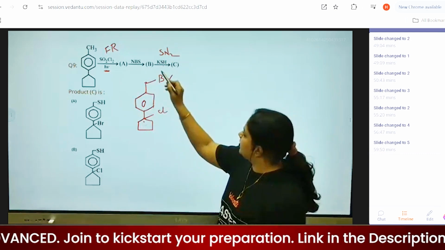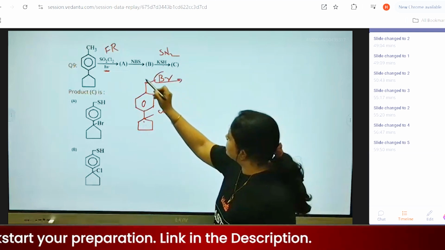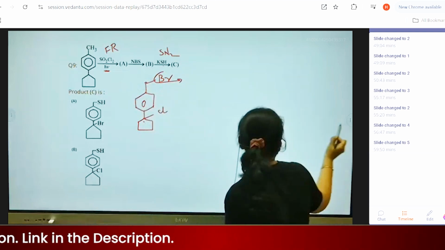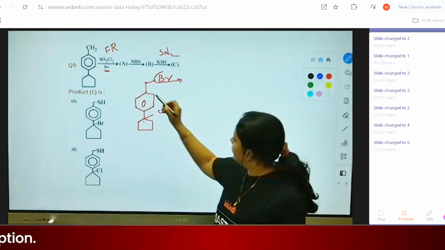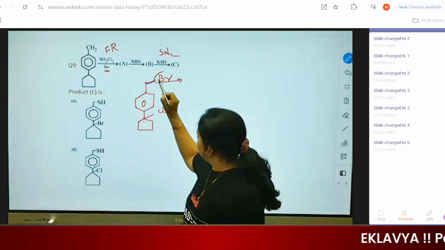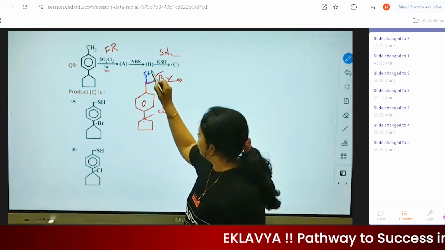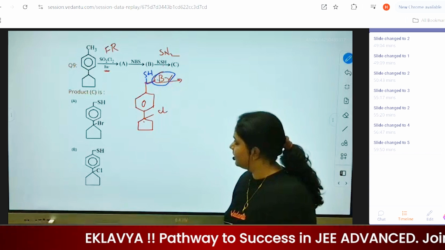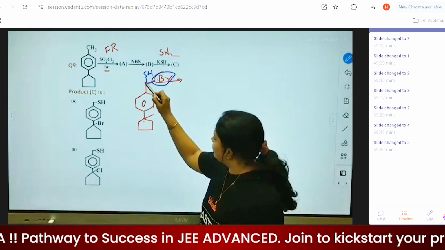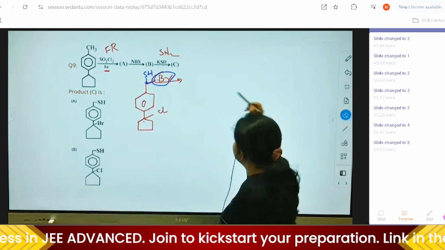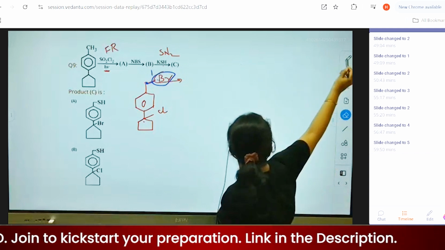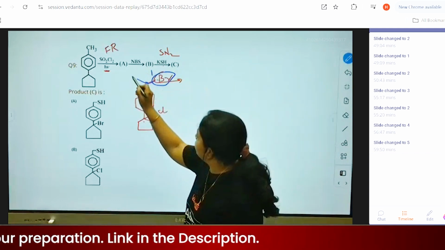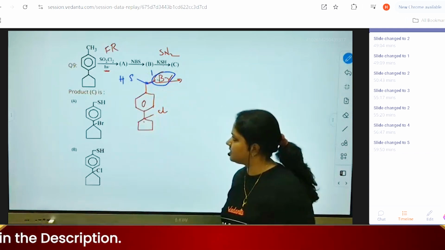In this position of Br, SH will be attached. This is gone completely. Carbon is there, don't forget that. So SH, this is the answer.